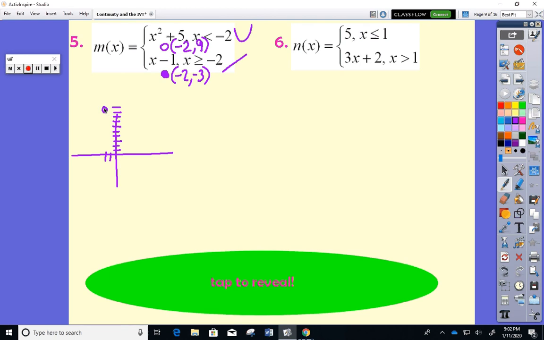Now, the graph, actually, if you think about it, is 1, 2, 3, 4, 5. The graph is a parabola that looks like this, right? That's what y equals x squared plus 5 looks like, but I can only have the parabola on the left-hand side, so I'm going to actually wind up erasing the part of the graph that looks like the parabola.